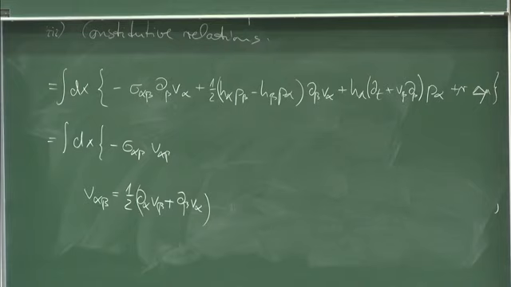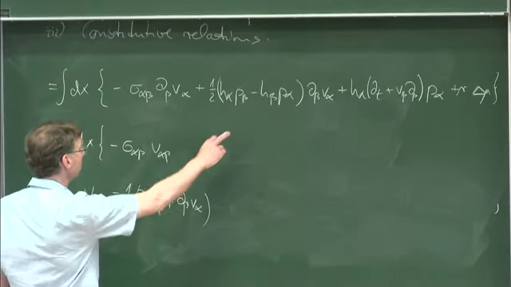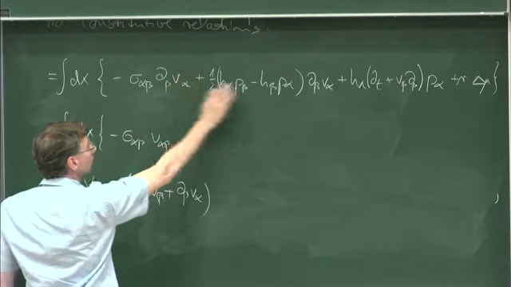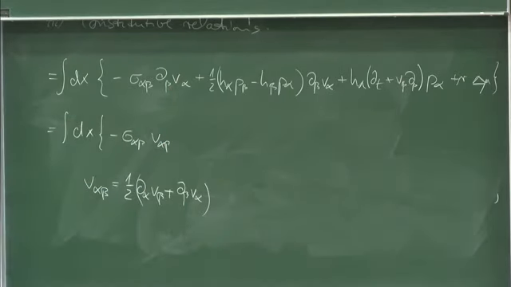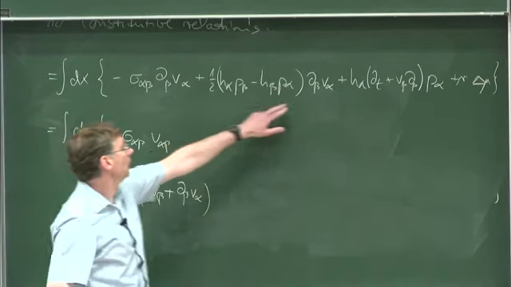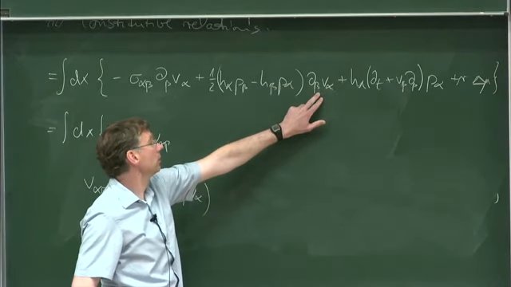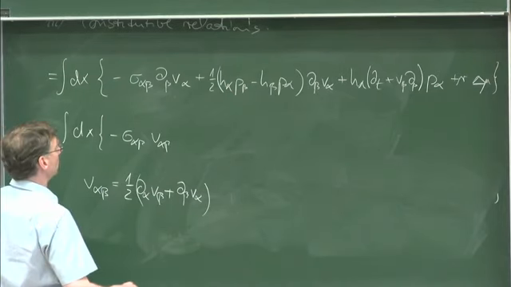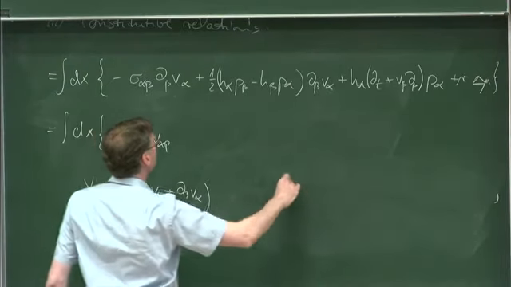So that's that part. And now comes the thing that is nice, because this one I can write also so that here I let appear only the antisymmetric part of the stress tensor.